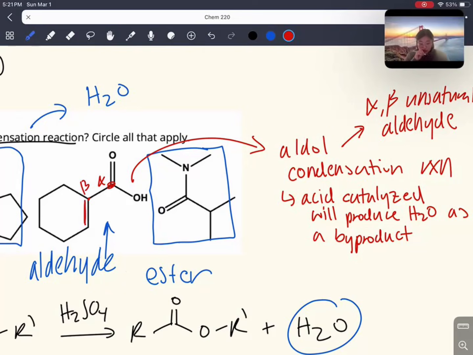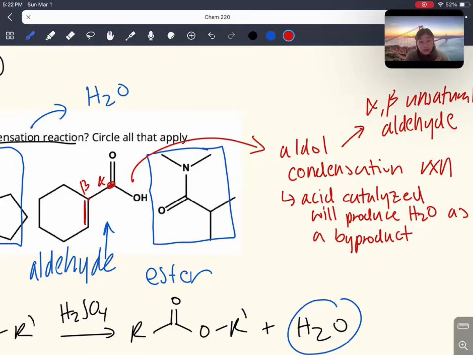And so in order for it to be the product of an aldol condensation reaction, I'm not going to go over the mechanism for an aldol condensation reaction because I don't believe you need to know it. But if you go through the mechanism, you'll see why you need that second double bond to form.